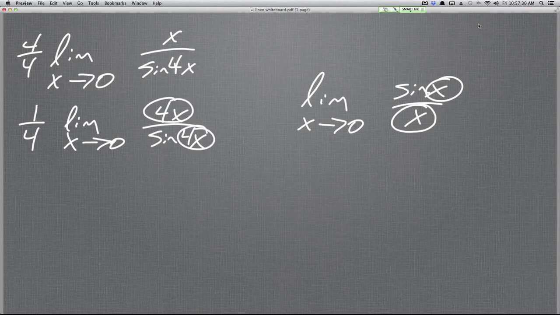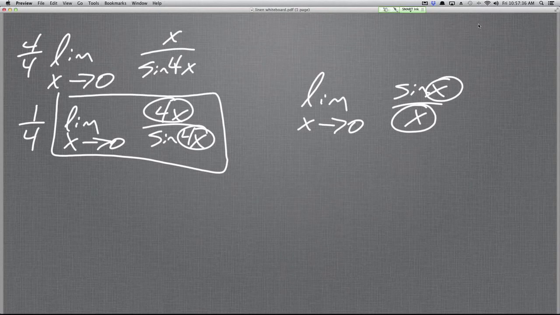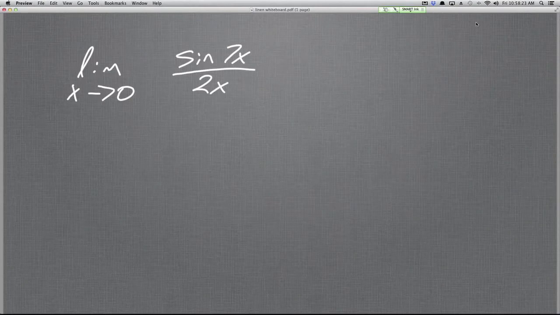And once those two are the same, with sine of x over x, and we are approaching 0, that goes to what? That is the limit of 1. So then I just have 1 times 1/4, and my limit ends up being 1/4.